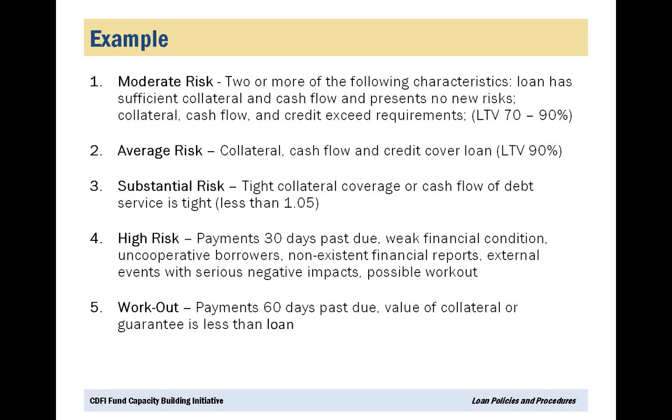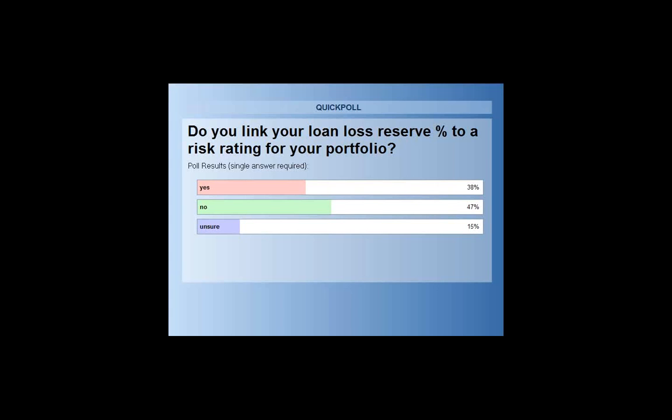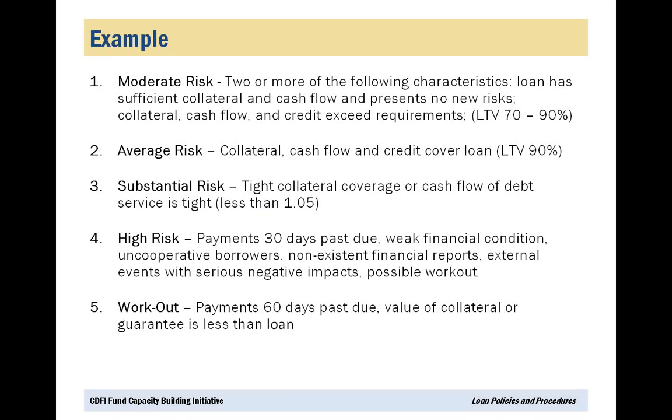By the way, you might be able to see this, but about 30% of you do link your loss reserve with your risk rating, but more of you don't. So it's not something that has to be done, but it is a way to think about managing your risk. The other thing to note about this example is that for this loan fund, all new loans would be booked 1 to 3. You would never book a new loan at a 4.